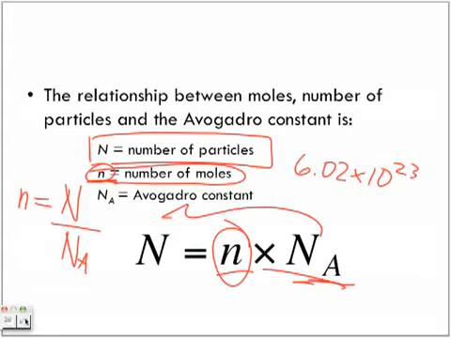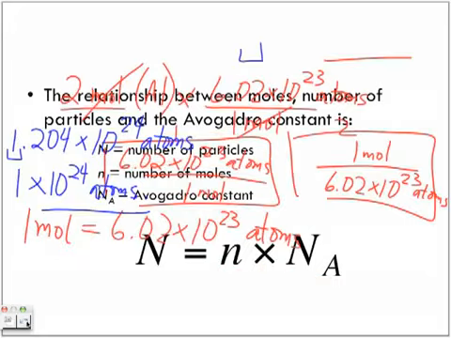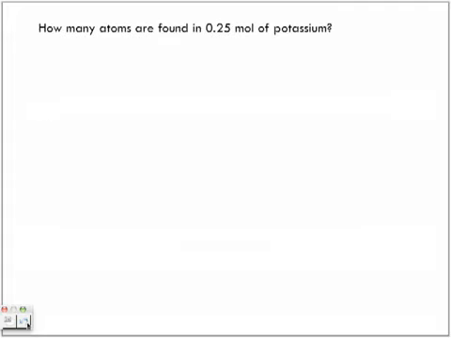So we can simplify what I've already showed you, or you can use my rule for what they call factor labeling. You can either memorize this equation or know about the rule for canceling. Remember how we canceled mole and mole? If you know how to do that, you won't really need to worry about the formula.